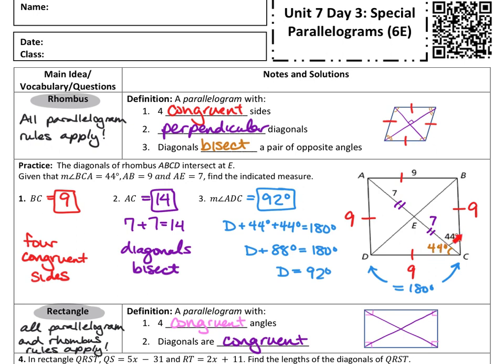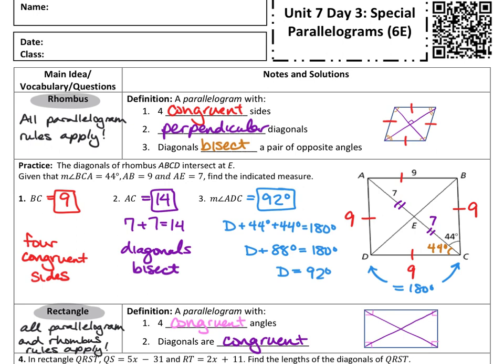So this whole thing is 88, and that means that this angle has to be supplementary to it. So I did all of those things adding up to 180 and solved for angle D. That's the rhombus. So the rhombus uses all of the properties of the parallelogram and then some more.